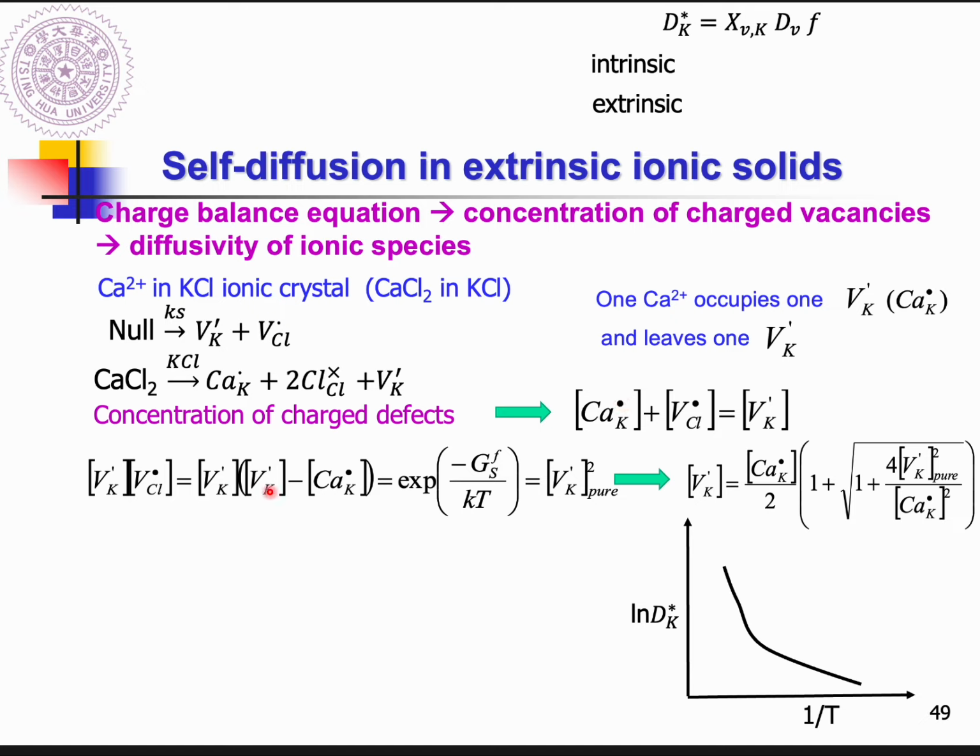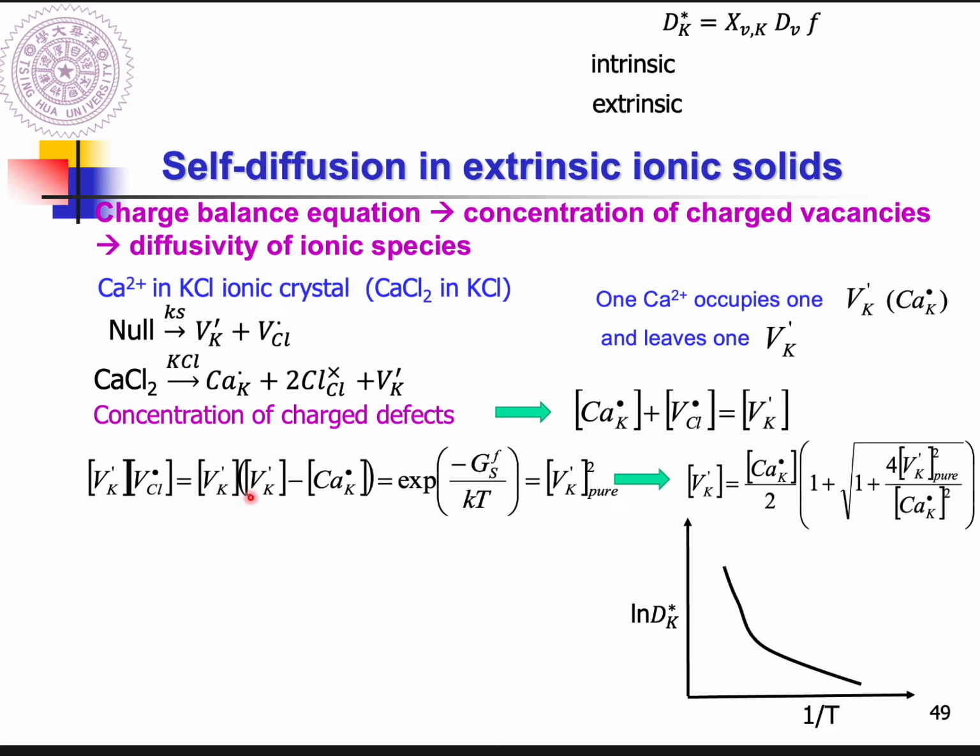So substitute this one. And now you know VK prime times VCl also will satisfy the exponential of minus the Schottky defect formation energy divided by kT.